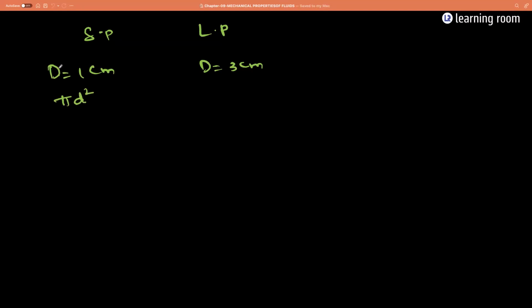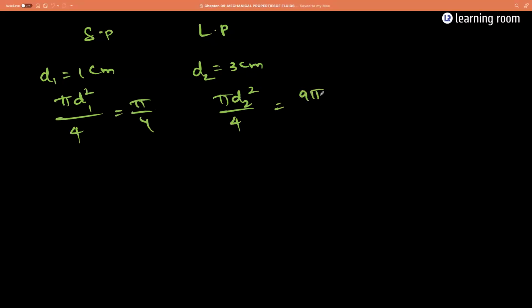It will be pi d square by 4, so pi d1 square by 4, and here it will be pi d2 square divided by 4. So this will be pi by 4, and this will be 9 pi by 4.